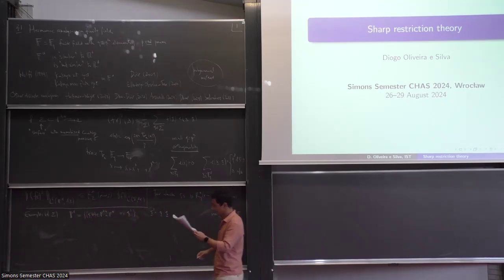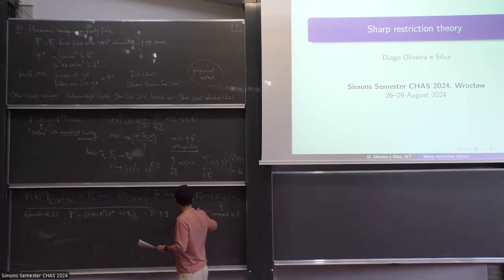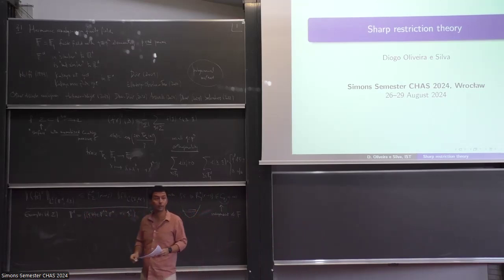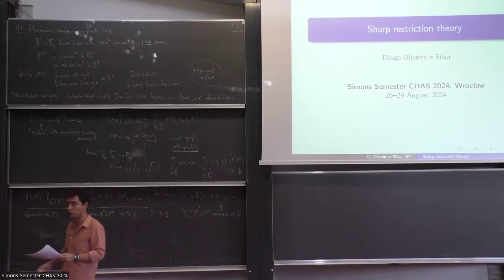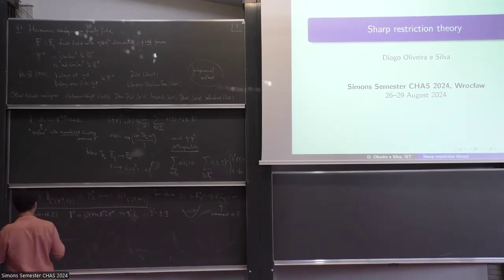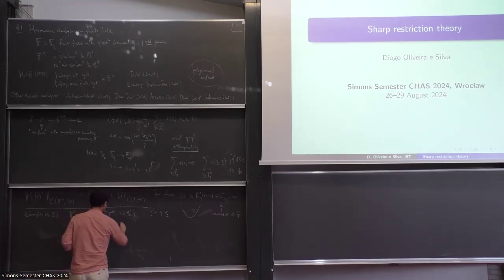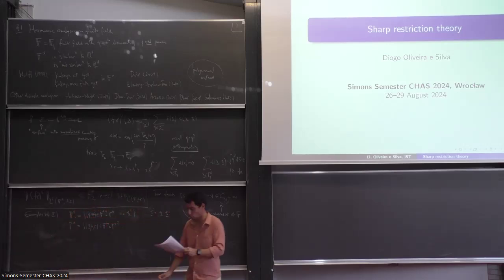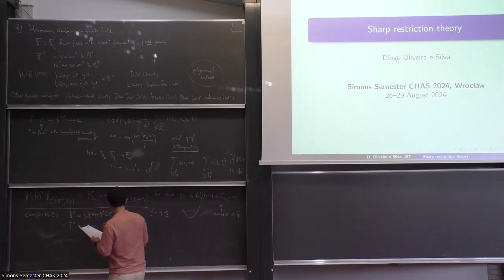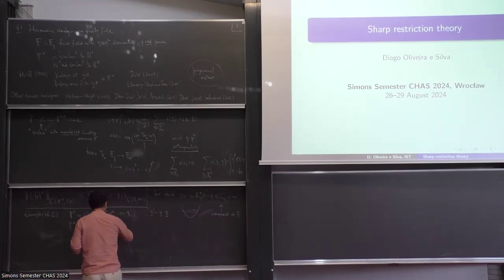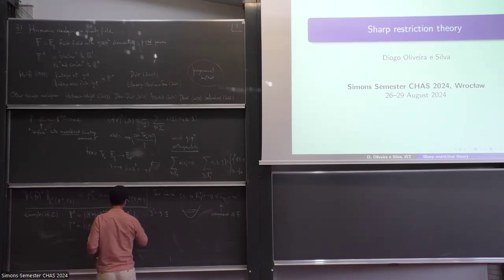So whenever you dot a vector with itself, I'm just calling that c squared. Okay, so this is of course the finite field analog of the paraboloid that we considered in lecture 2, related to Strichartz and Schrödinger. Then there's the cone, which is the set of points (c, tau, sigma), where c is a vector and tau and sigma are scalars in F, such that tau sigma equals c squared.